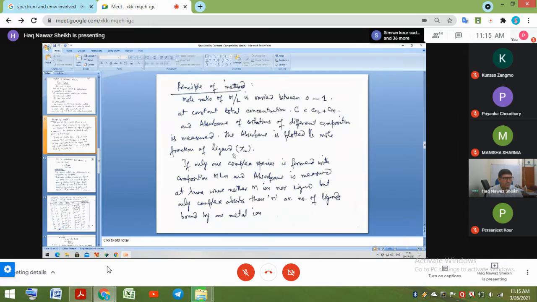Then you gradually increase the concentration of the metal, and decrease the concentration of the ligand by the same proportion, and you prepare a series of solutions and record the absorbance of the different solutions. Absorbance is plotted, as I said, against mole fraction of the ligand, or mole fraction of the metal, or concentration of the metal, or concentration of the ligand. There are 4 different ways in which you can generate a graph.